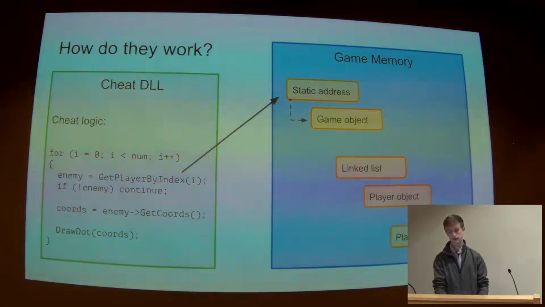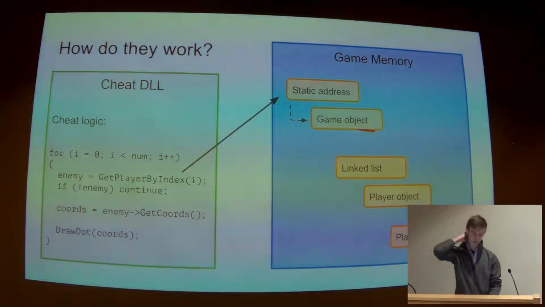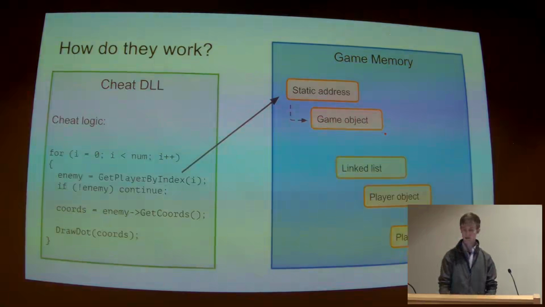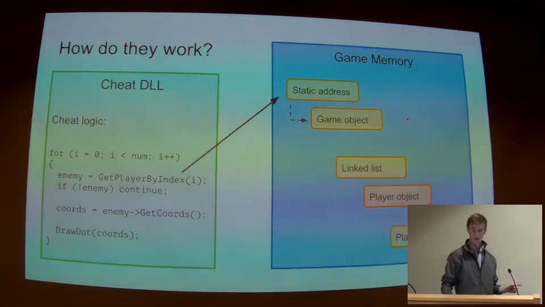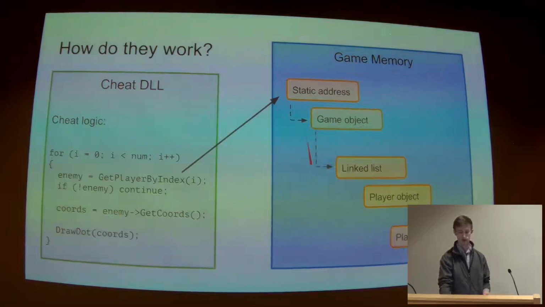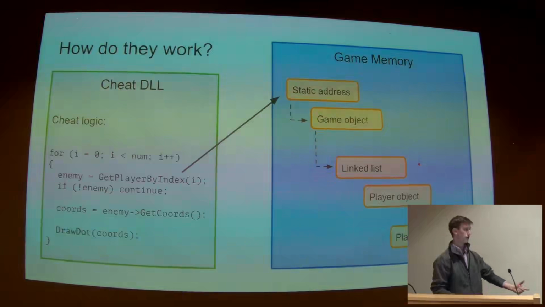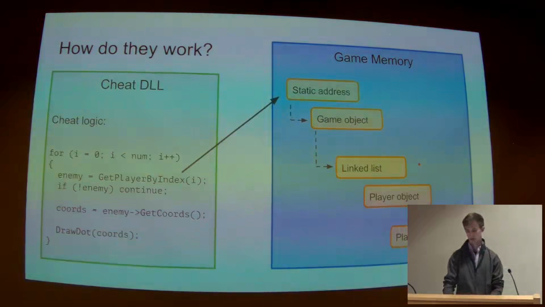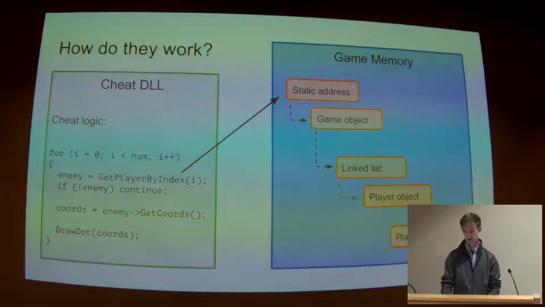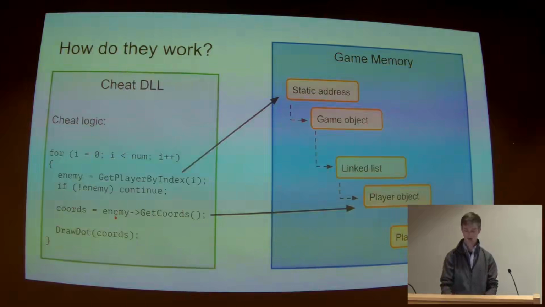And then it might dereference that to get a pointer to some game management object, let's say. Then at some offset within the game object, there might be a pointer to a linked list, where each node of the linked list might contain pointers to player objects. From there you get the coordinates, and you can see this getCoordinates method is part of a player, like an enemy object.